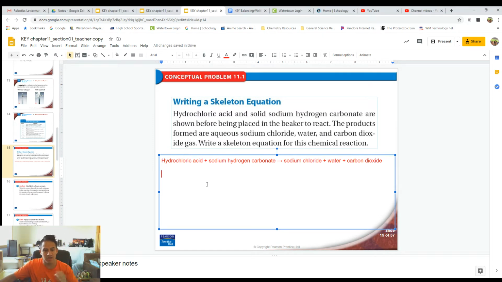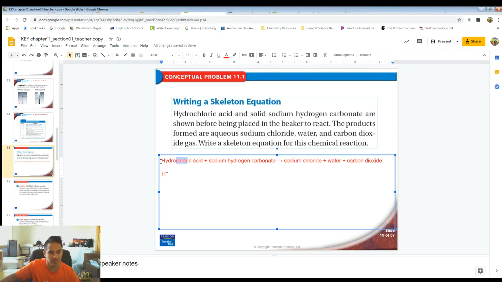Okay, hydrochloric acid. We need to go back to remembering how we write chemical formulas. Any acid starts with H, and H is always going to be H+. Hydrochloric means that the ion in this case is going to be chloride.